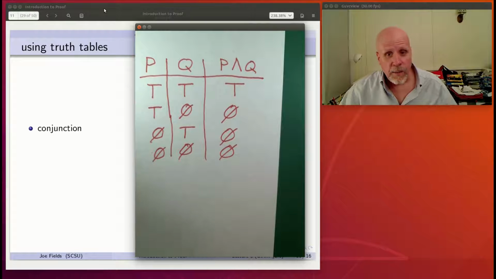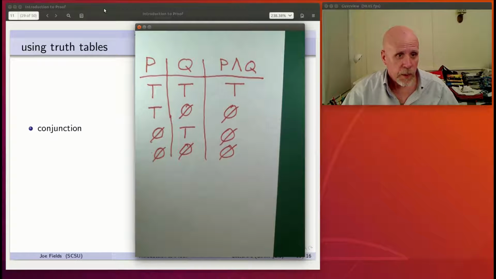That's effectively defining what it means to form the conjunction of two statements. The conjunction is a new sentence that has this property. It's true when both of the input sentences are true, and it's false in every other scenario.